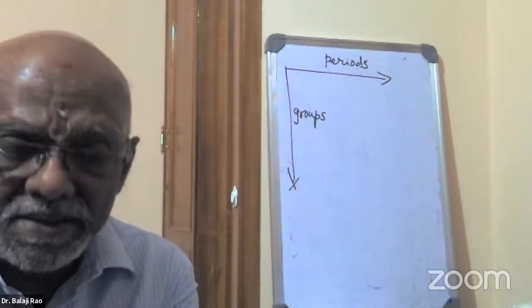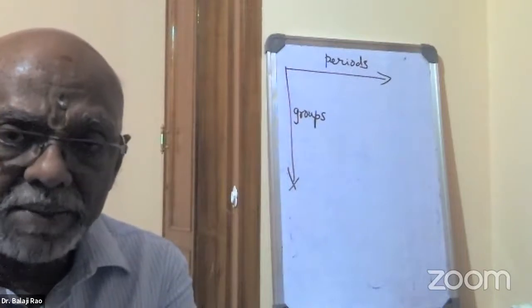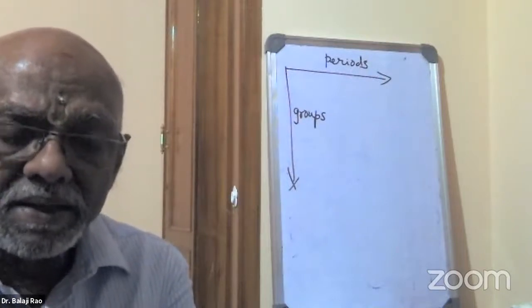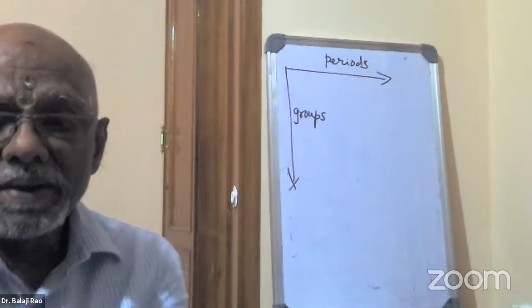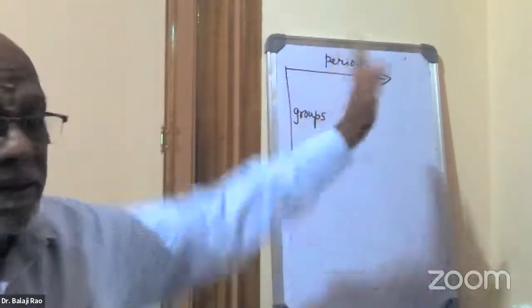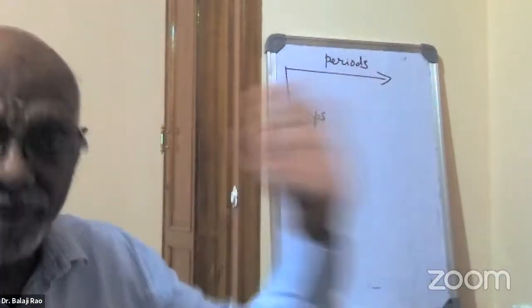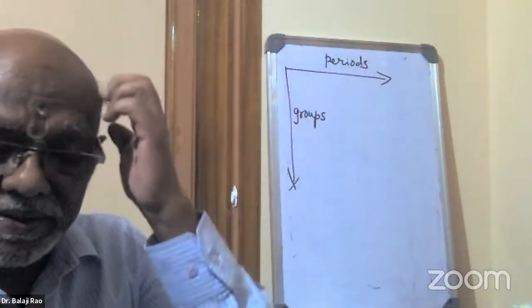So based on his work, the periodic table had to be redesigned, and then came our so-called modern periodic table. The modern periodic table we know consists of, as given by Mendeleev, periods and groups, but there is a difference.